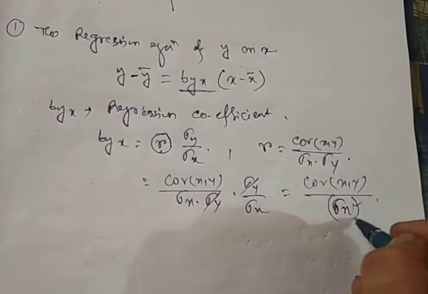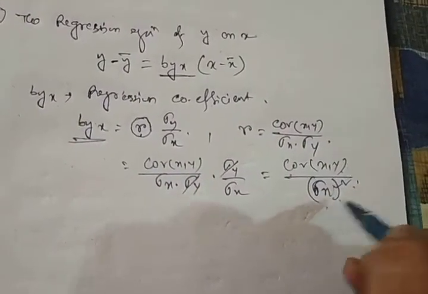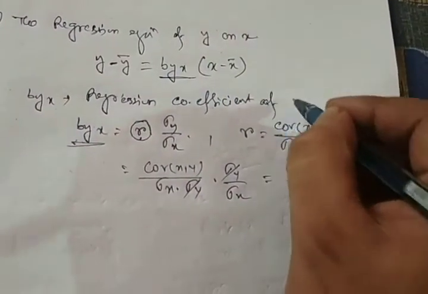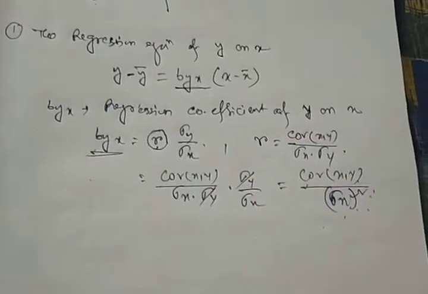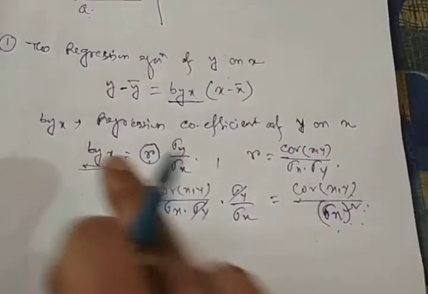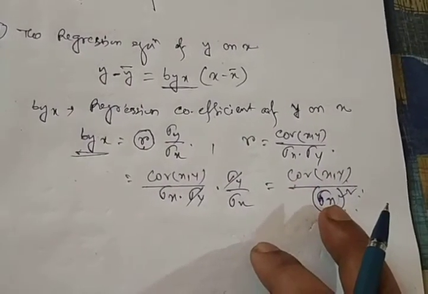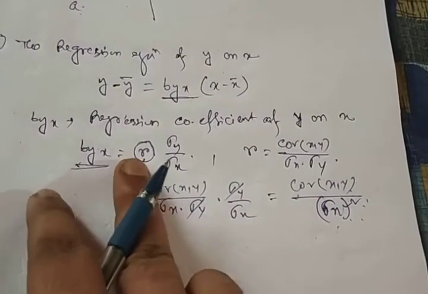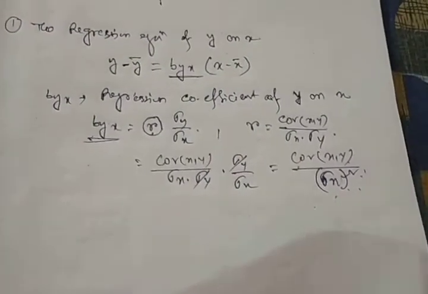So byx equals covariance of xy by sigma x square, and it is known as the regression coefficient of y on x. There are two regression coefficients. One is the regression coefficient of y on x, defined by byx, and the relation is covariance of xy by sigma x square, or, if we know the correlation coefficient r, then r into sigma y by sigma x.